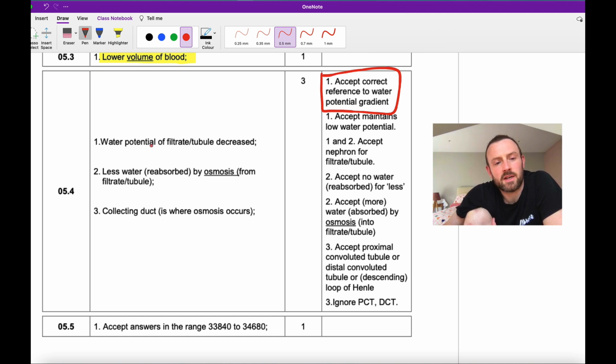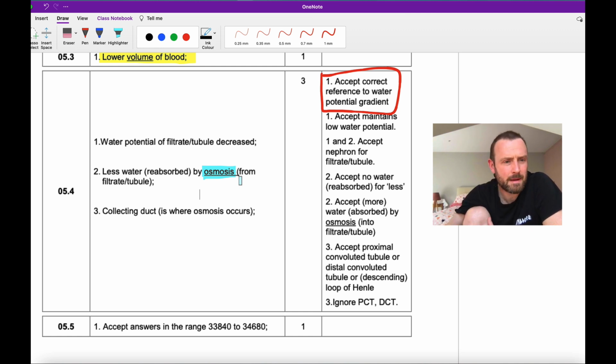I said the water potential of the blood would be increased, so I think that's kind of the same thing as the water potential of the filtrate would be decreased because there's more sodium and chloride ions staying in the filtrate. I don't know if I used the word osmosis, which was very silly of me. I think I did, actually. But remember, you always have to say osmosis. Even if your brain is thinking, oh yeah, it's osmosis, water's moving from here to here, you have to say the word osmosis, always, by osmosis.